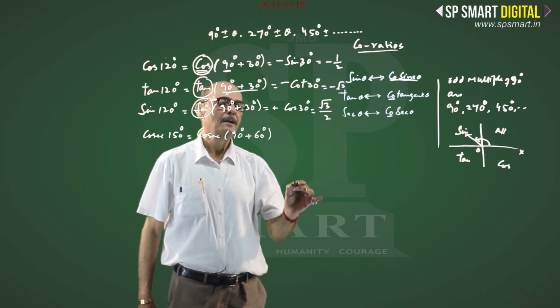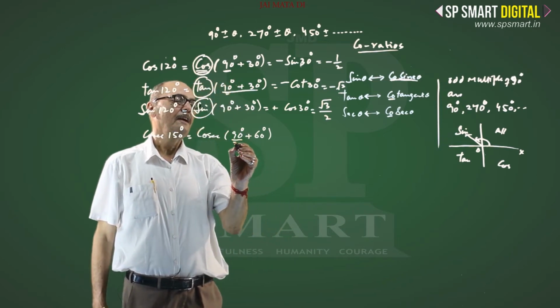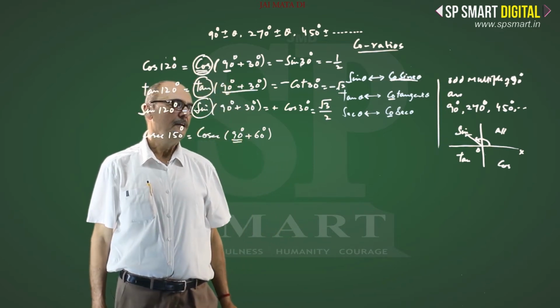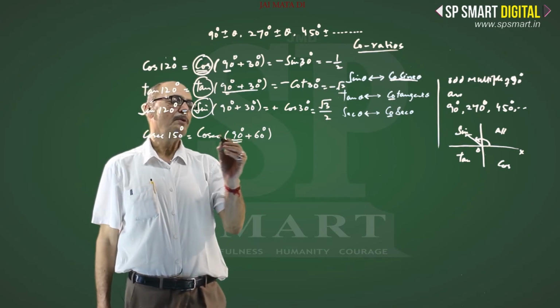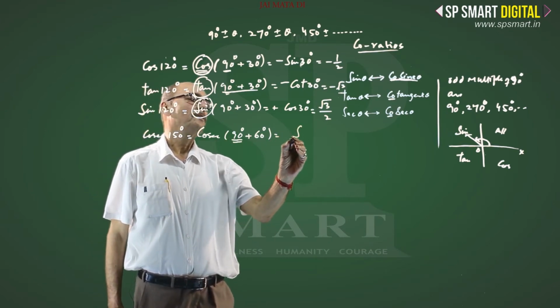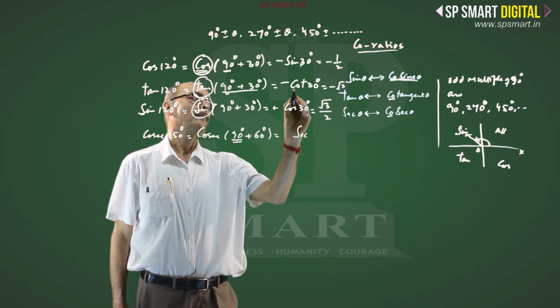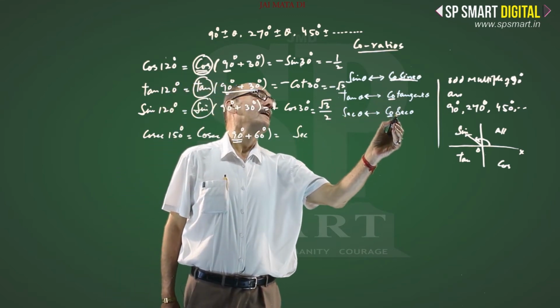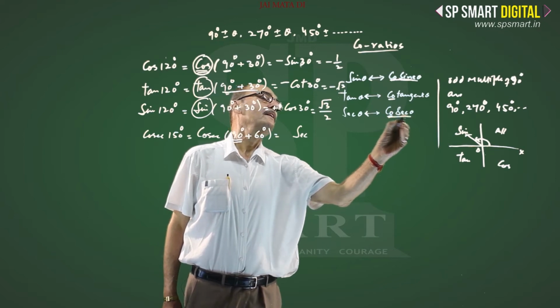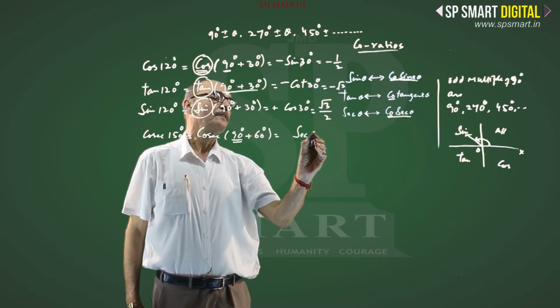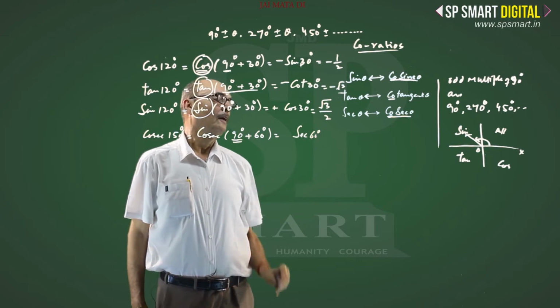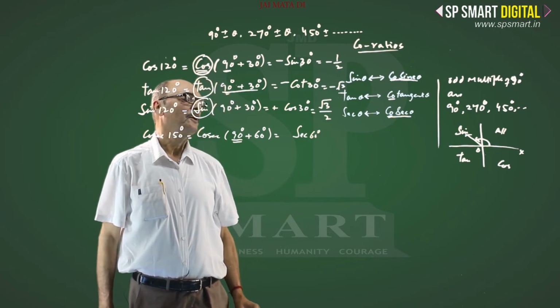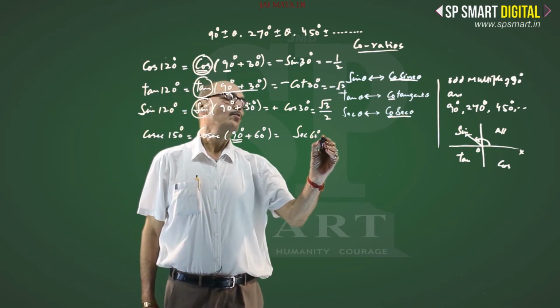Again, 90 degrees here is an odd multiple of 90 degrees, so cosec changes to its co-ratio, and the co-ratio of cosec is secant of 60 degrees, and secant of 60 degrees is 2.